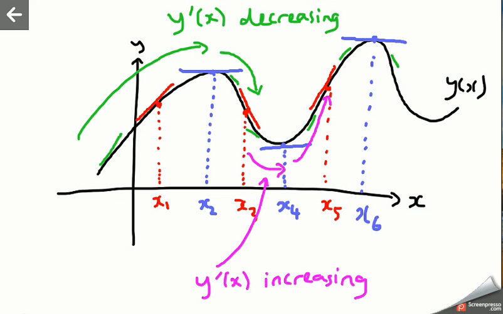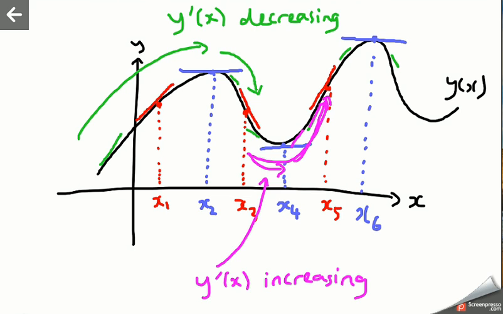Those lines get more and more positive right until they hit that point x5. And then after x5, they start to decrease again, right until they get to 0 on top there. So between x4 and x5, y prime of x is also increasing. So y prime of x is increasing on this entire interval here.